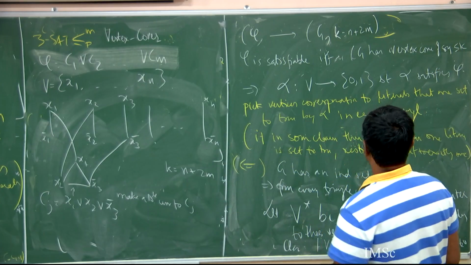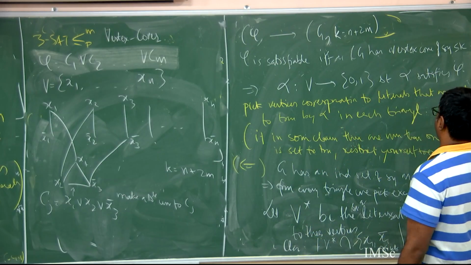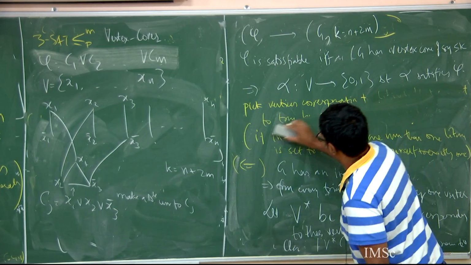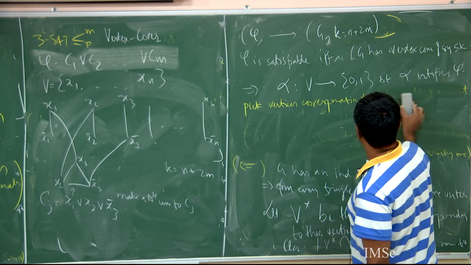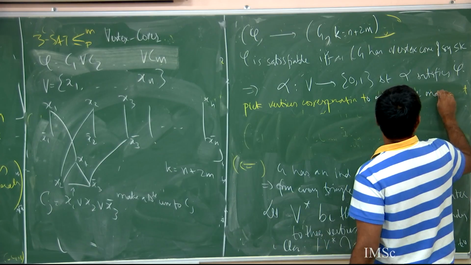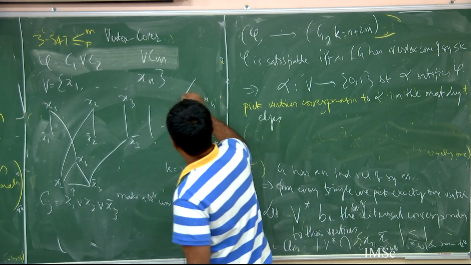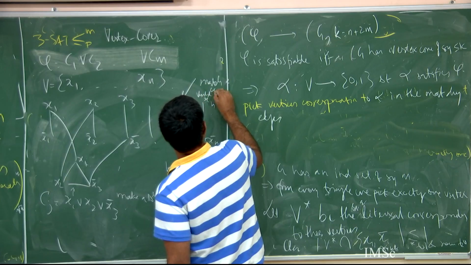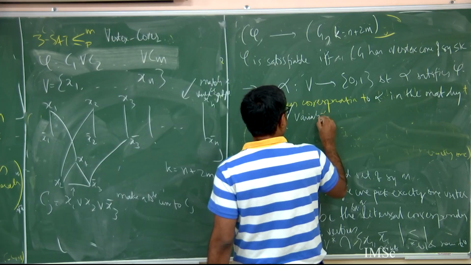Okay, so say alpha satisfies this. Pick vertices corresponding to alpha in the matching edges. These are called matching edges, or you can also call them variable gadgets.